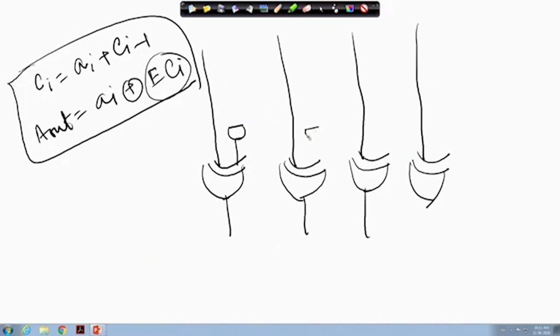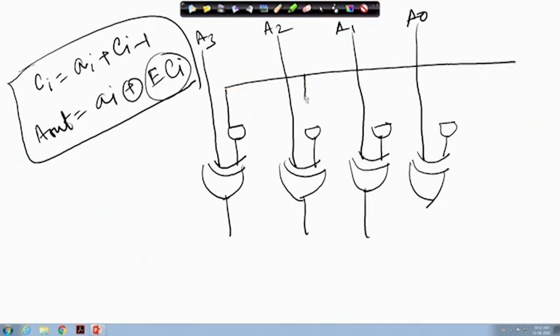Each one's other input comes from the AND gate, as it is XORed with the corresponding bit position. This is A0, and one of the inputs of this AND gate is the enable signal.